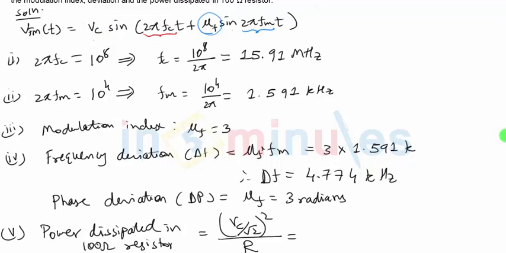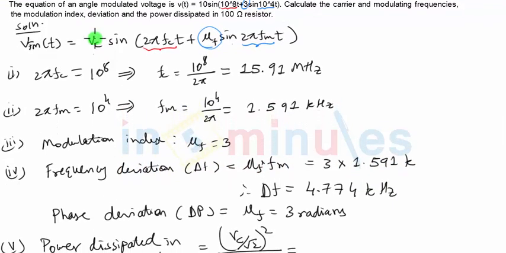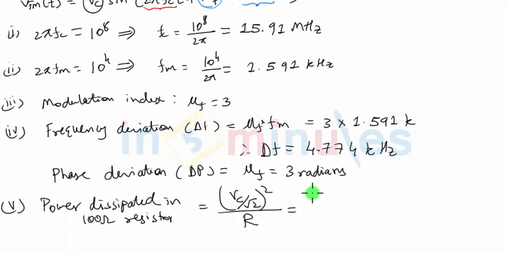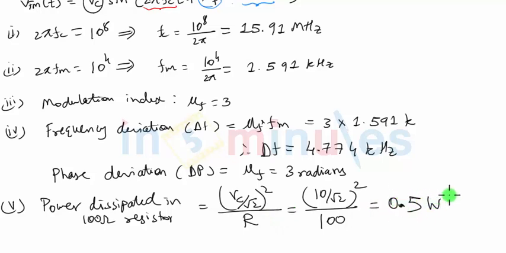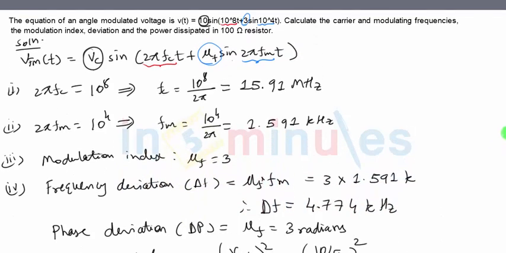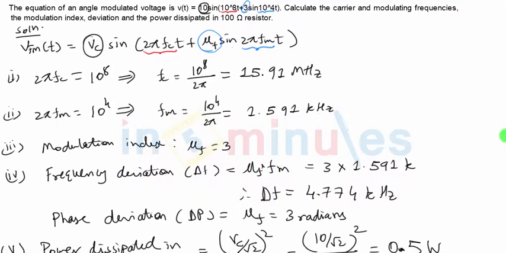Vc, maximum Vc, if I again compare, you can see this is Vc, and in the given question it was given as 10. So this will become 10 divided by root 2 squared and divided by 100, because R is given to be 100. So if you solve this, the power dissipated will be 0.5 watt. So that's the complete solution of this particular question.